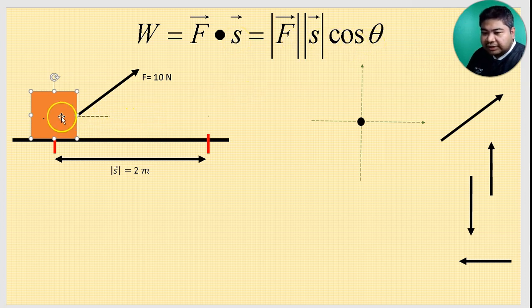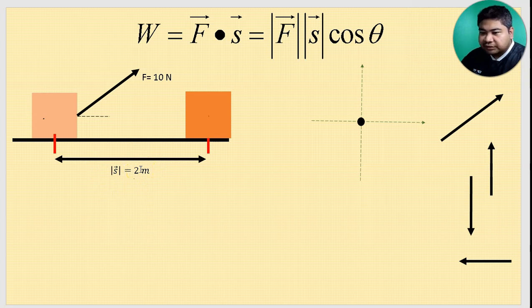If you look at the diagram here, we have a block and an external force acting on the block. The magnitude of the external force is 10 newton. When the block is pulled by the force of 10 newton, the block moves forward and has a displacement of 2 meters.